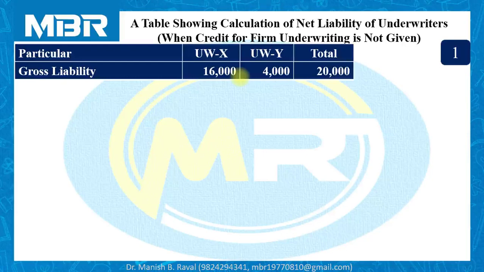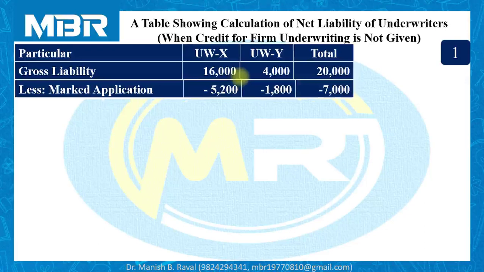If you refer to the question properly, you can see that underwriter X has underwritten 16,000 equity shares, while underwriter Y is responsible to purchase 4,000 equity shares. So 16,000 plus 4,000 is equal to 20,000.